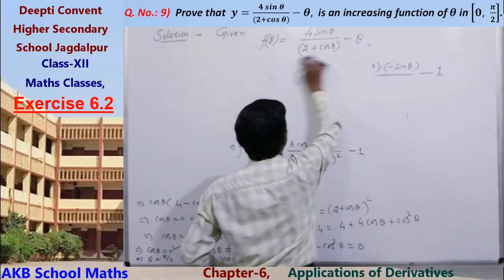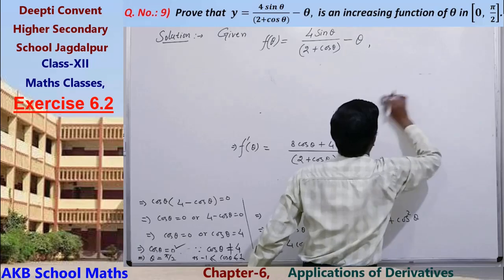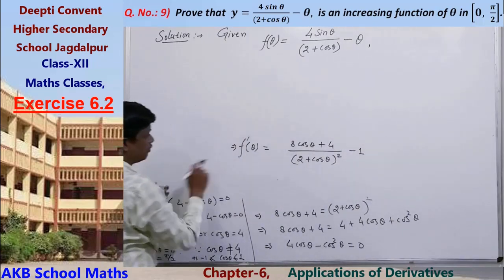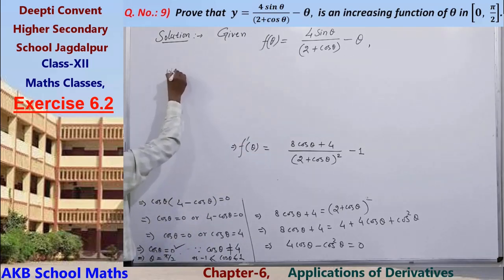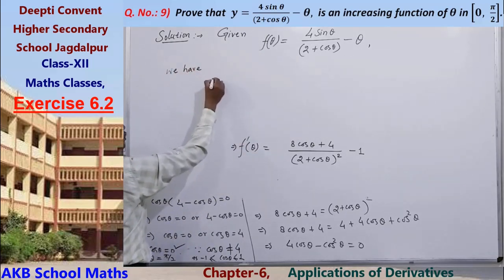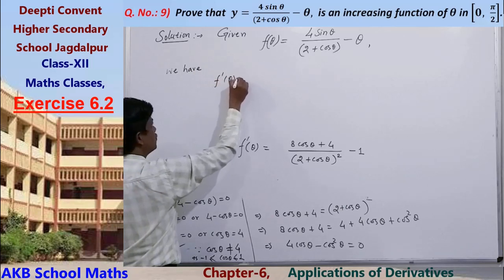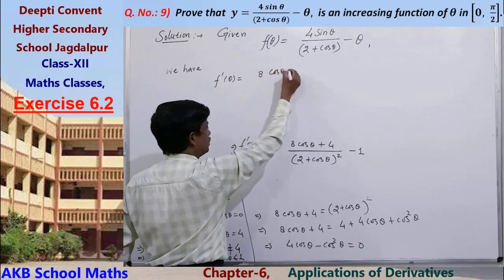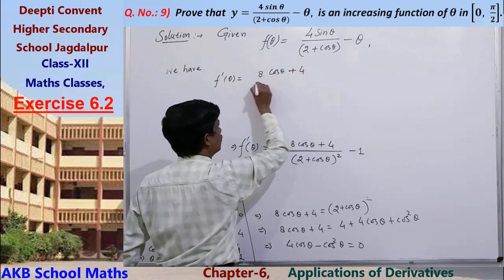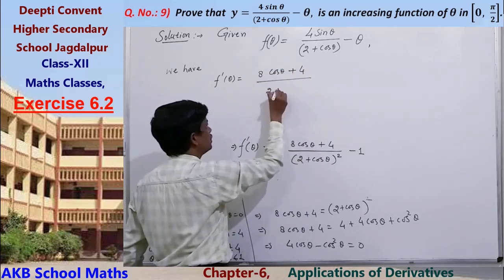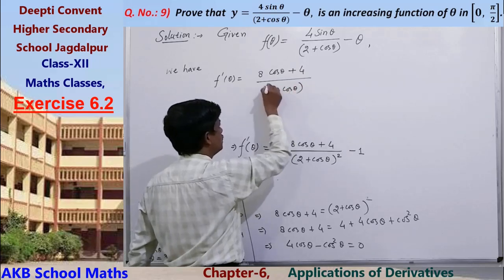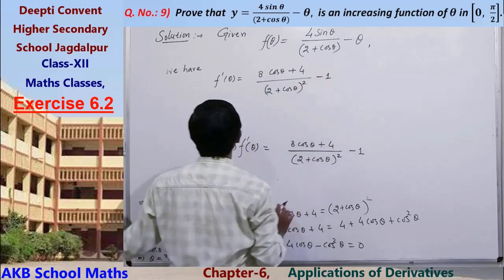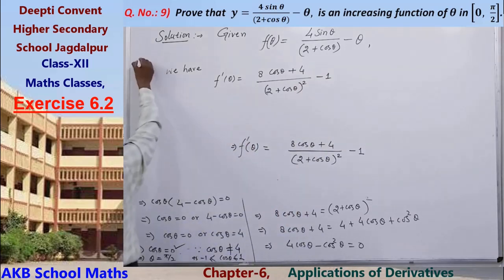So now we have to check the sign of the derivative. Okay, here we have the derivative like this. f dash theta equals 8 cos theta plus 4 upon (2 plus cos theta) square minus 1.